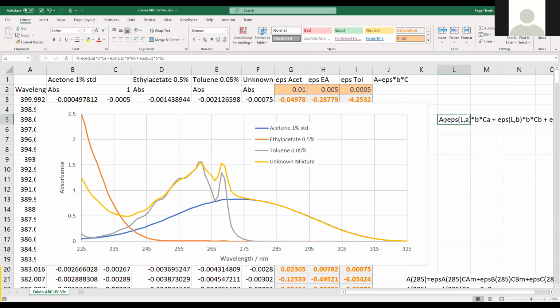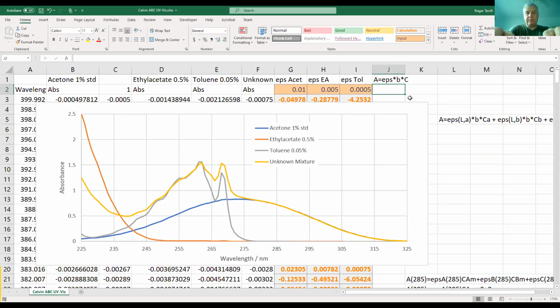And we can say that the absorbance is the sum of the three absorbances, right?